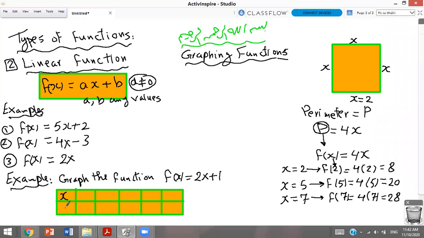Here we can put x. Here is what? f of x. And I told you, instead of f of x, we can put one letter. What is it? y. Very good.